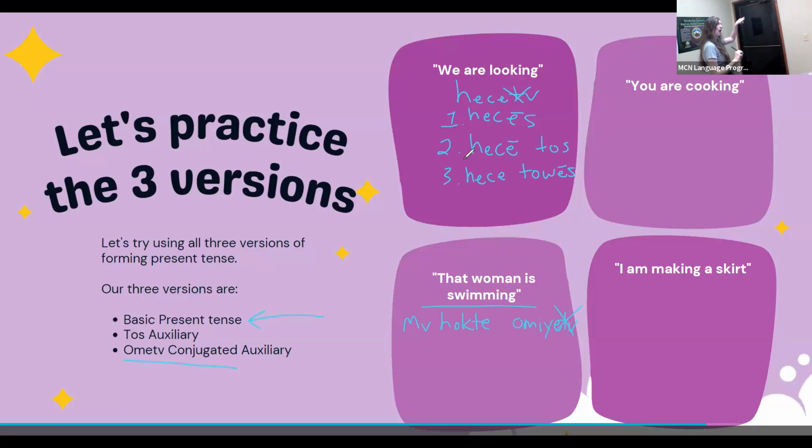So that woman, what is that form for basic conjugation? What are we ended in? I, the short E, is. Omeis, omeis, mahoti omeis. That's conjugation form 1.